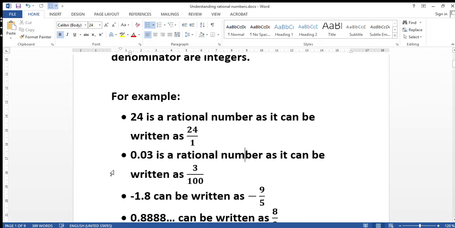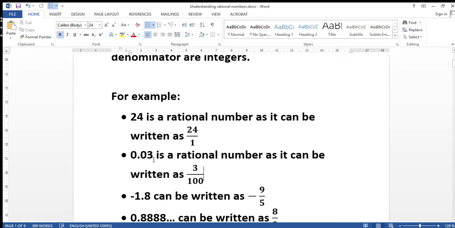So next thing, we have 0.03. 0.03 is a rational number also, as it can be written as 3 over 100. What we do here, if we have a decimal point, all we need to do is move this decimal point, counting to the right. So start from here, 1, 2.